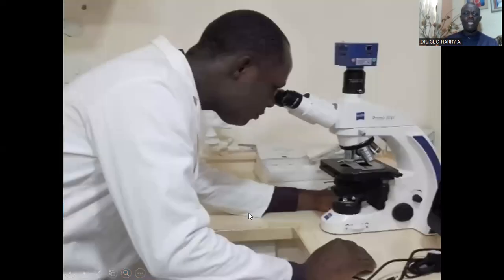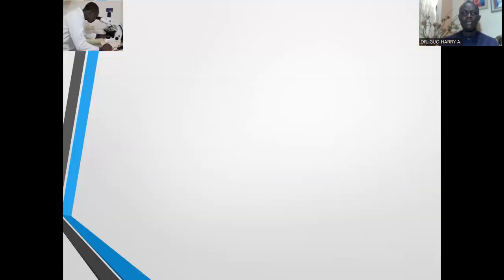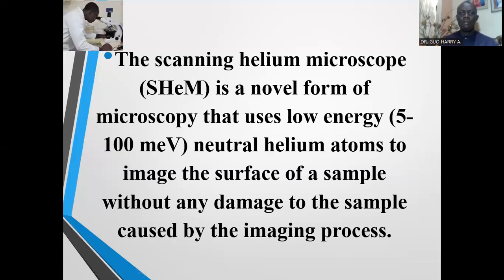Now I want to look at the scanning helium microscope, SHeM. The scanning helium microscope is a novel form of microscopy that uses low energy neutral helium atoms to image the surface of a sample without any damage to the sample caused by the imaging process.